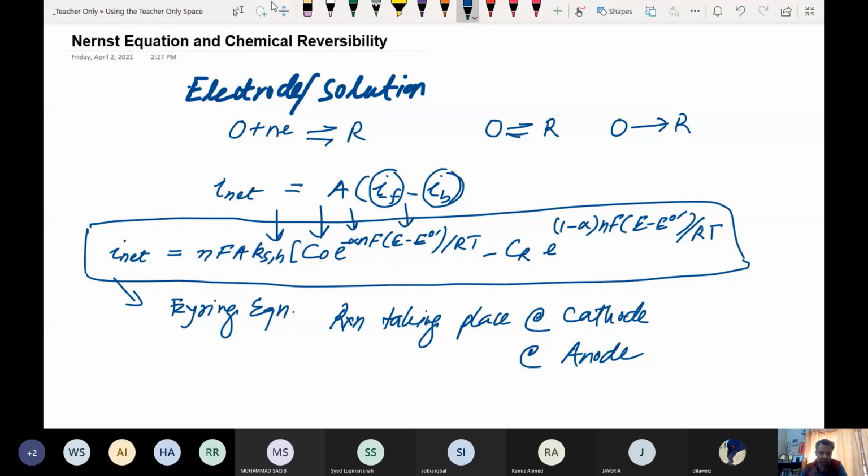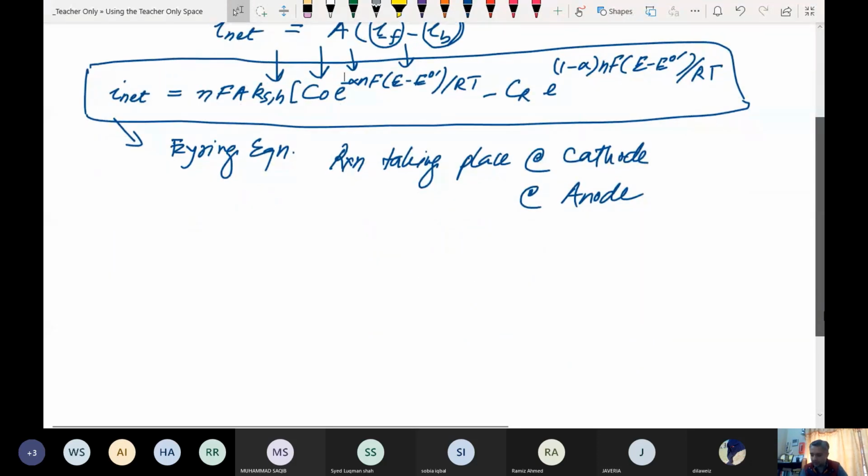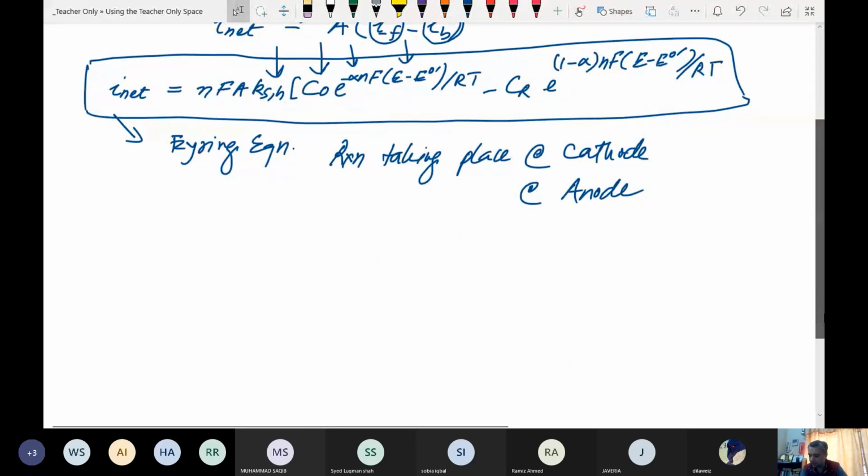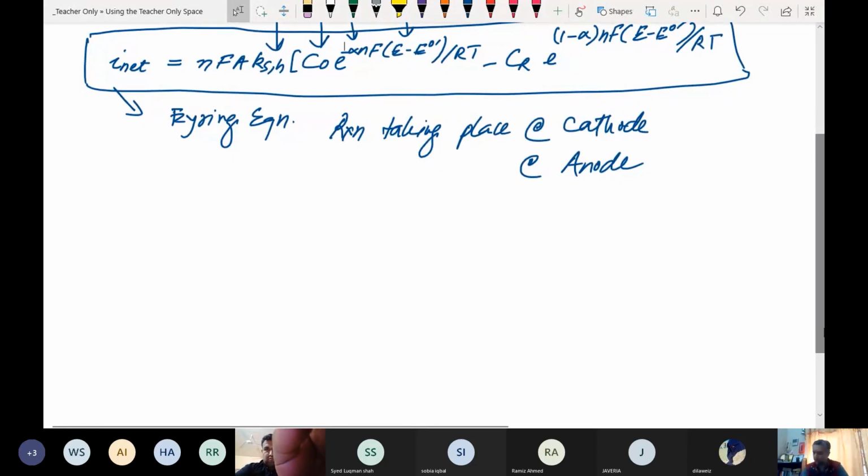So you have the potentials, the surface concentrations, and the standard heterogeneous rate constant in this equation. It gives you the dependence of the net current on all these factors. It also shows that you have both terms present, one for the cathode and one for the anode. We can say that the net current depends on both the potential and the surface concentration of each form of the couple which is present.